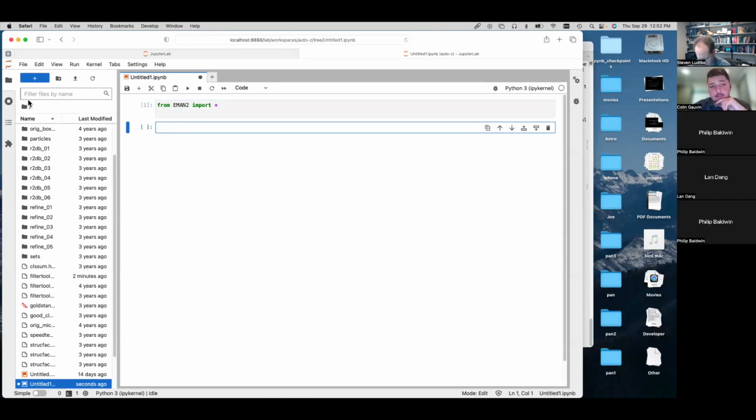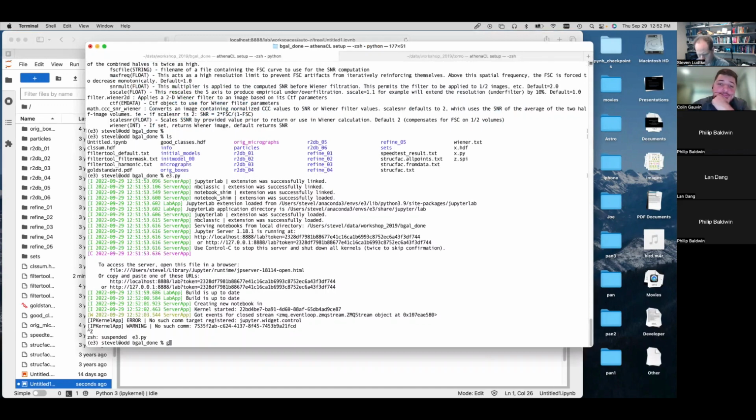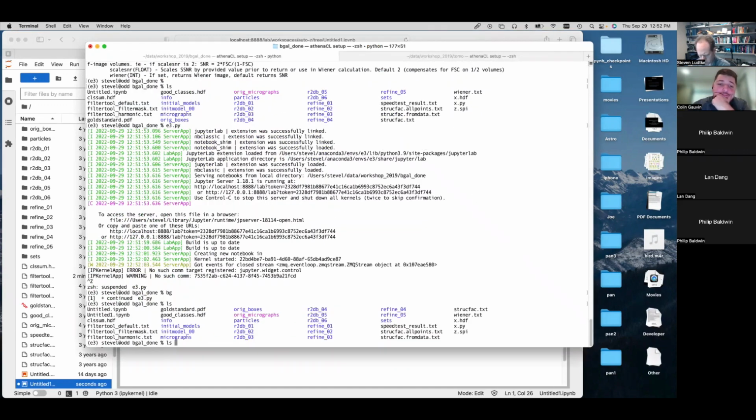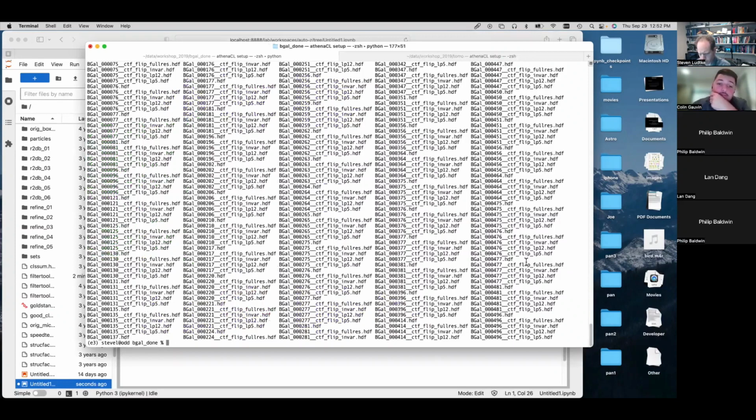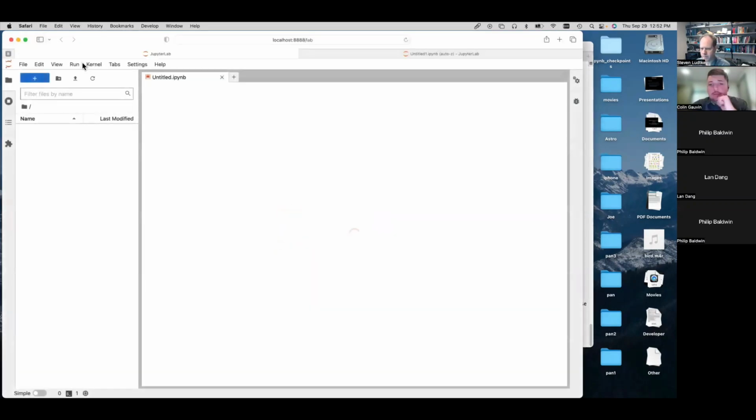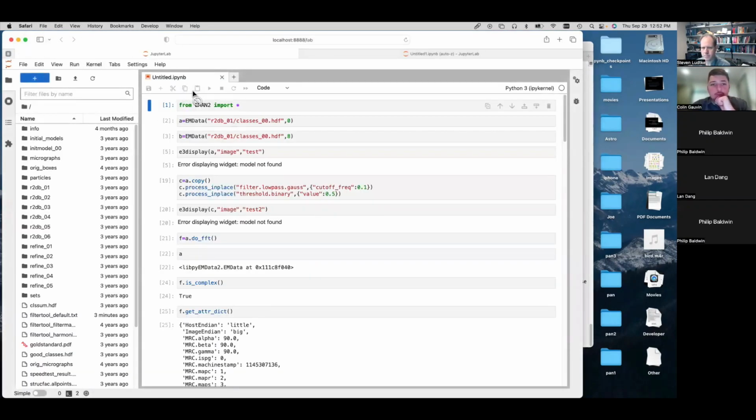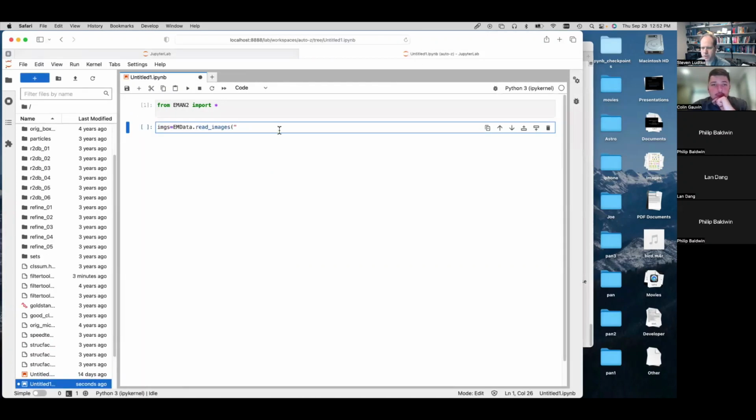Then we'll just go ahead and read all the images. Data.read images, and I'll just hard code in one of the image files. Particles, so let's just go for, I don't know, it doesn't matter which one, this one. There we go.